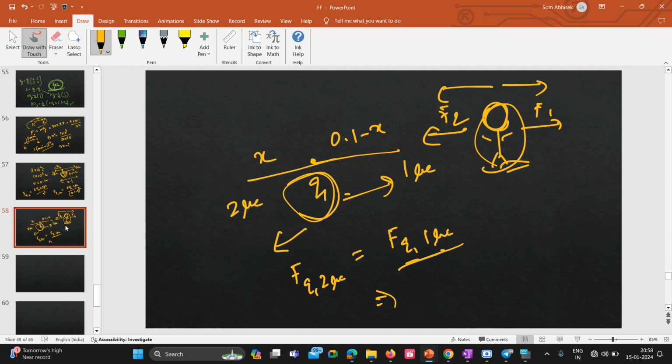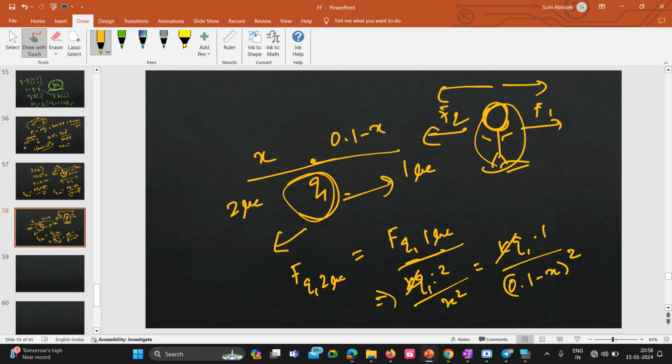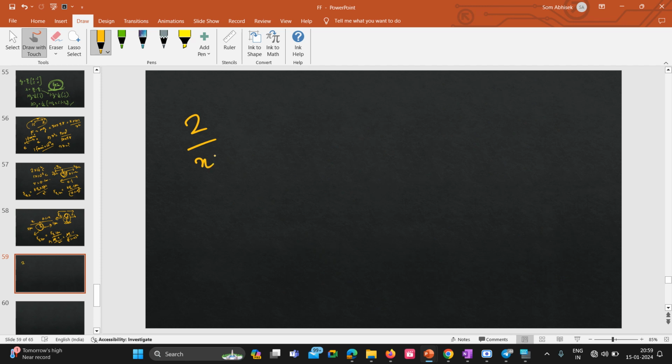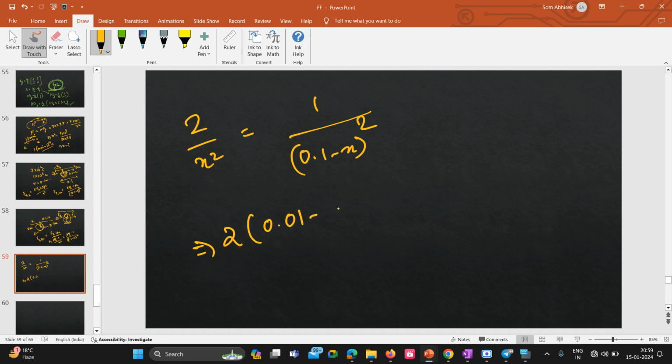KQ1 into 2 by x square is equal to KQ1 into 1 by 0.1 minus x whole square. Okay, KQ1 cancelled out. So 2 by x square is equal to 1 by 0.1 minus x whole square. So 2 into 0.01 minus 0.2x plus x square is equal to x square.